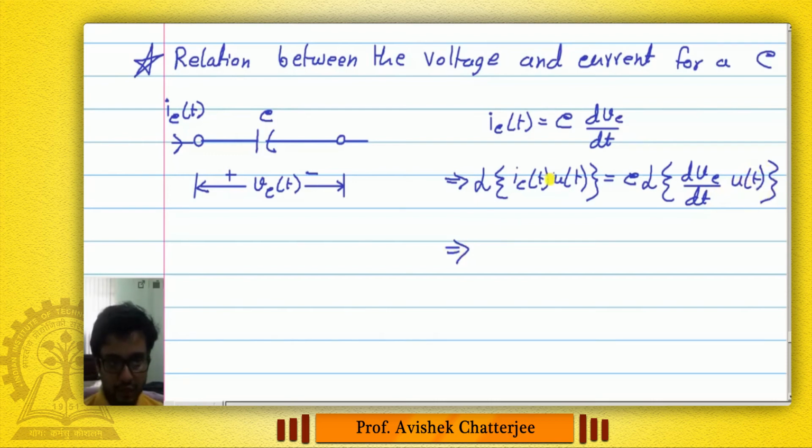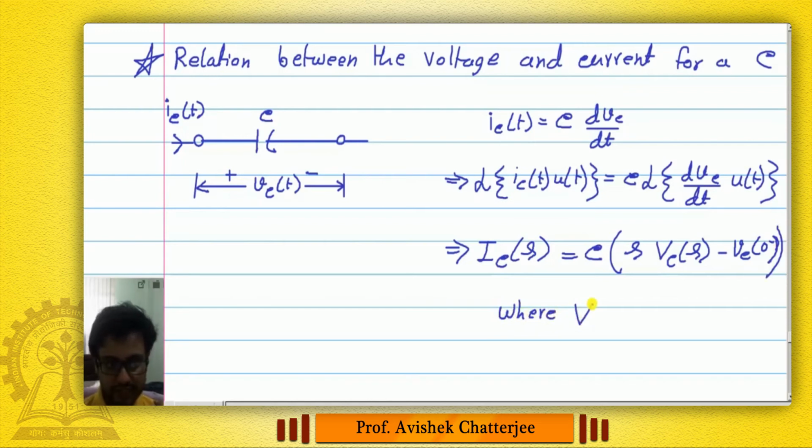And if I denote this Laplace transform as capital IC(s), that will be equal to C, and this will be equal to s multiplied with capital VC(s) minus VC(0-), where VC(s) capital is equal to unilateral Laplace transform of small vC(t)u(t).